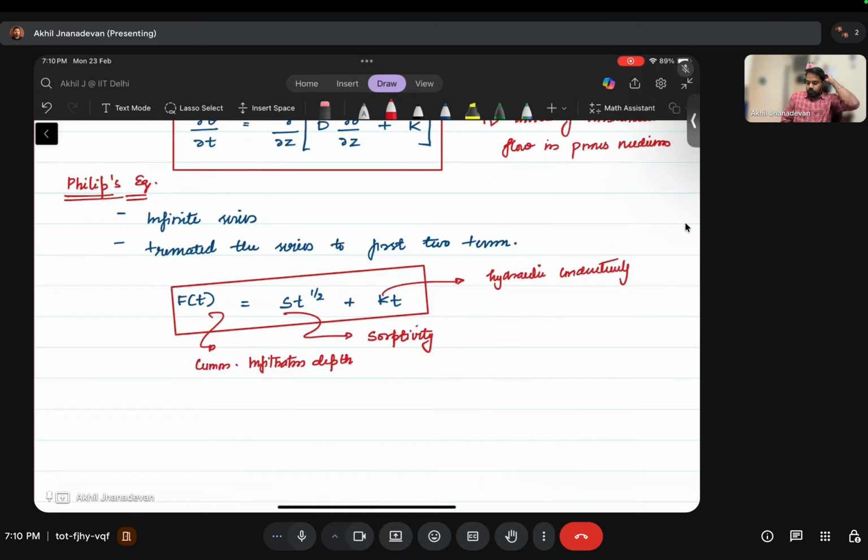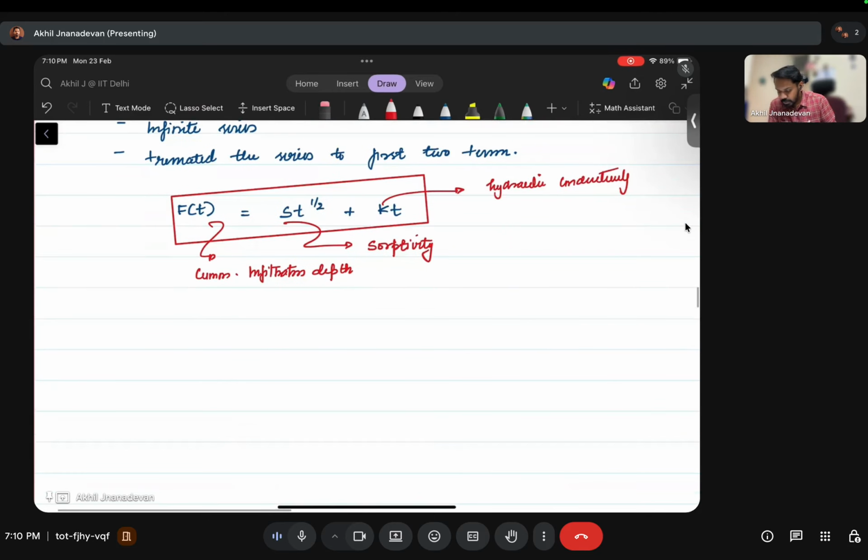The S term represents the sorptivity of the soil. Sorptivity S is represented as a function of soil suction. That is how much that particular soil type can suck, the suction pressure that can be applied by that particular soil type.